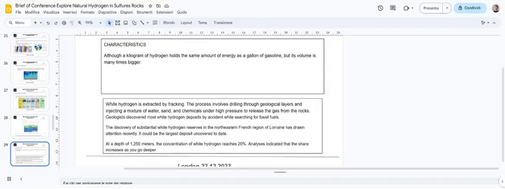White hydrogen is now extracted by fracking, and the first region in Europe that is trying this challenge is France, and the first project at a depth of 1.2 kilometers found a concentration of white hydrogen of about 20%.